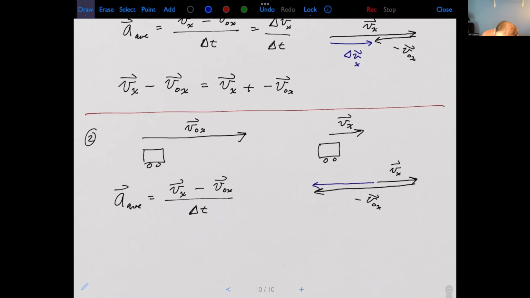So in this case, this is my change in velocity in the x direction. It's pointing to the left, which means my acceleration must be pointing to the left. So in this case, this car has an acceleration that's negative. Okay, so if you're moving fast to the right and slowing down, the acceleration is negative.